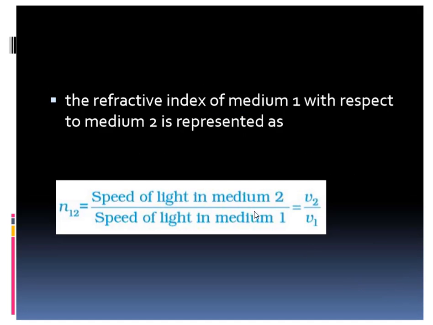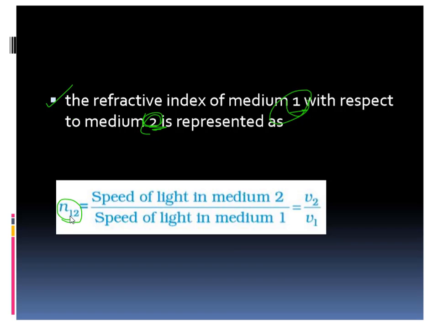Now the refractive index of medium 1 with respect to medium 2. Earlier we saw the refractive index of medium 2 with respect to medium 1. Here we are seeing the refractive index of medium 1 with respect to medium 2, just the opposite. Earlier it was 2, then 1, now it changes. So when this changes, this will also change.